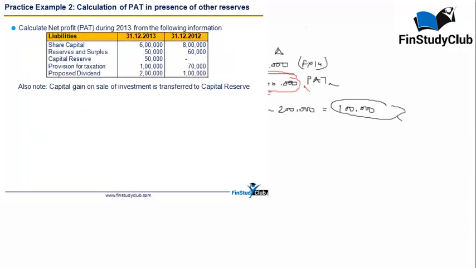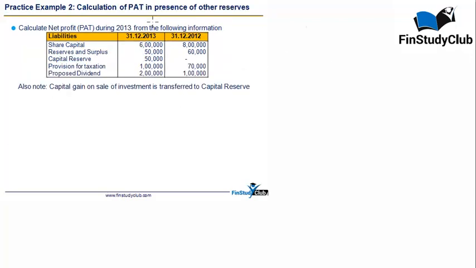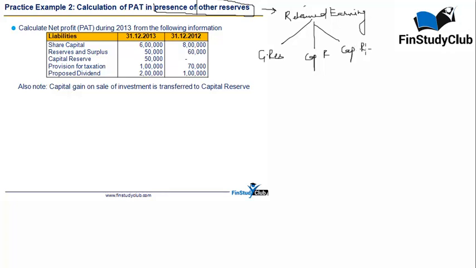Now moving on to the next example, wherein we have an additional factor, the presence of other reserves. In the balance sheet, retained earnings is almost like the main vault where the profits are kept. But sometimes you have different things like general reserve, capital reserve, capital redemption reserve.